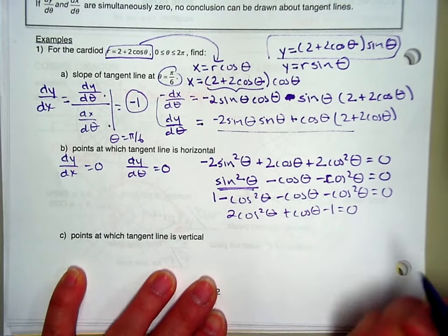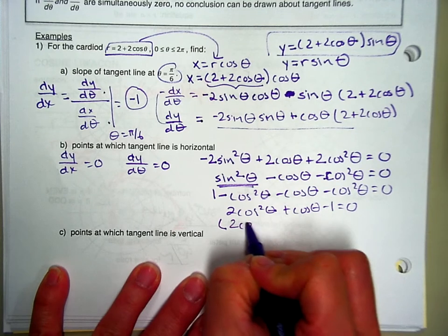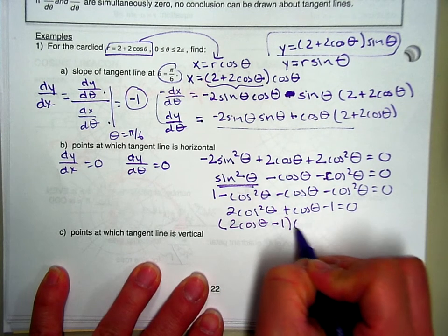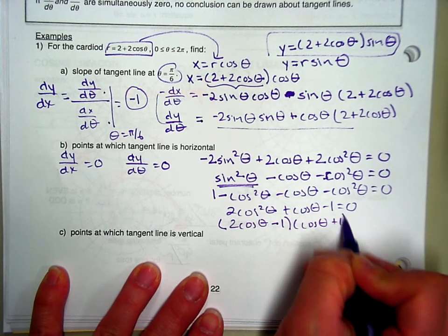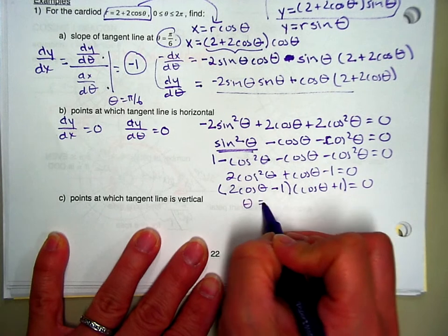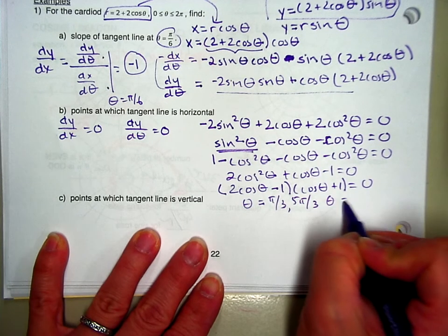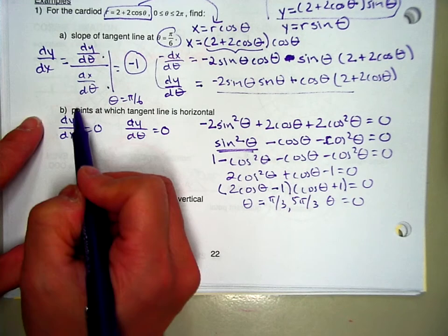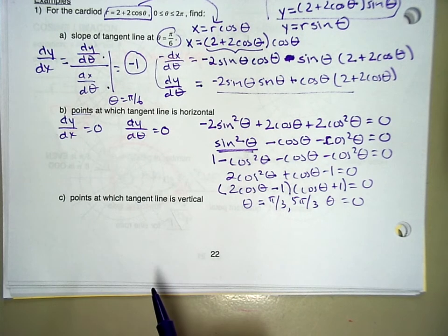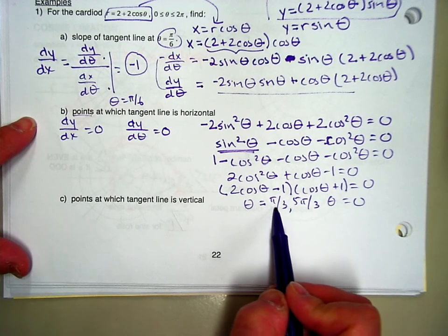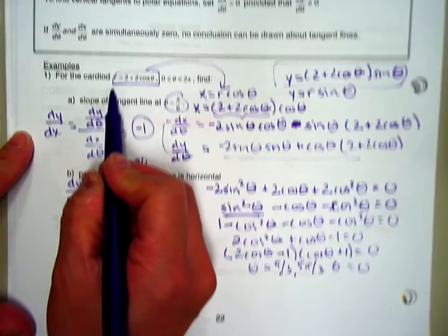I have a quadratic. Let's factor: 2 cosine theta minus 1 times cosine theta plus 1 equals 0. I get theta equals pi thirds and 5 pi thirds, and theta equals pi. Now they do ask you for the points. So in polar form you want r and theta as your points. So you want to plug these thetas back into your r value here.